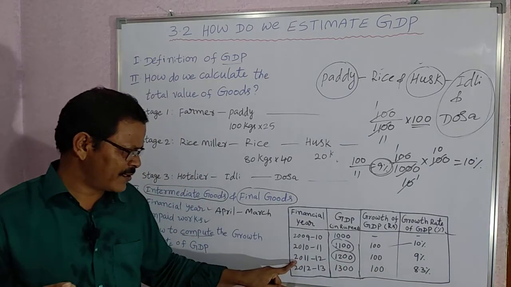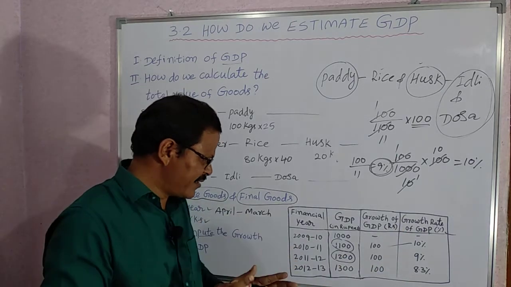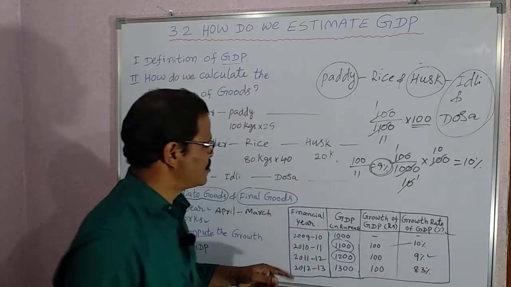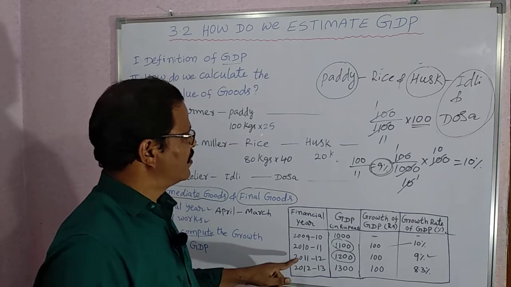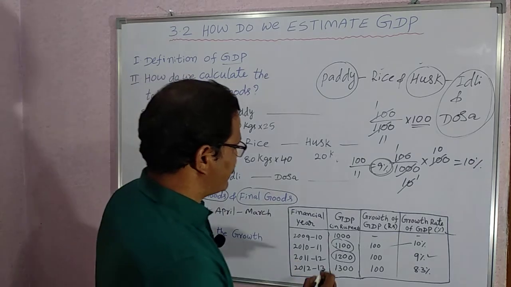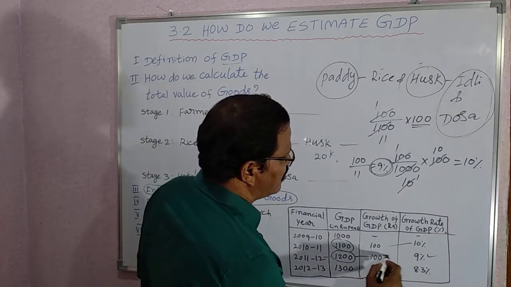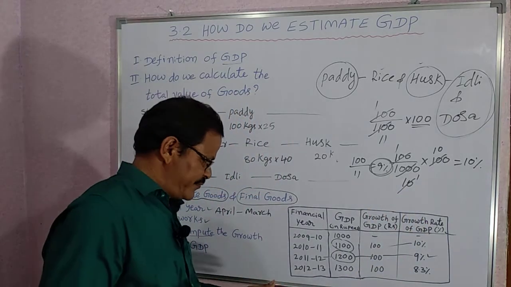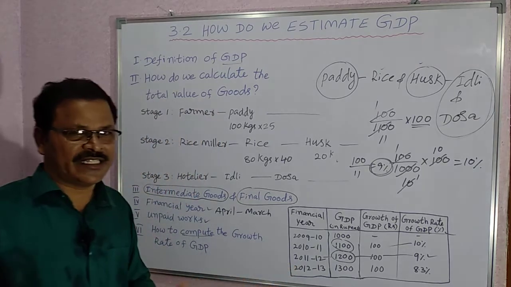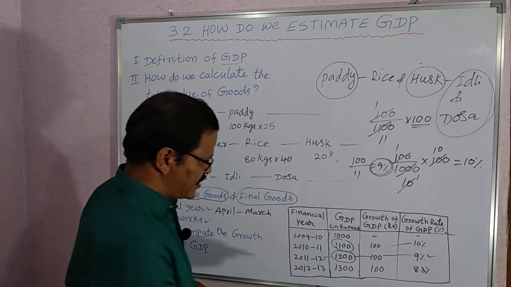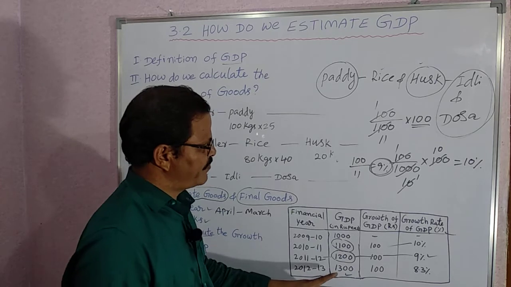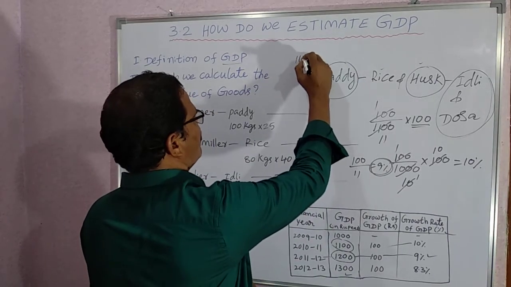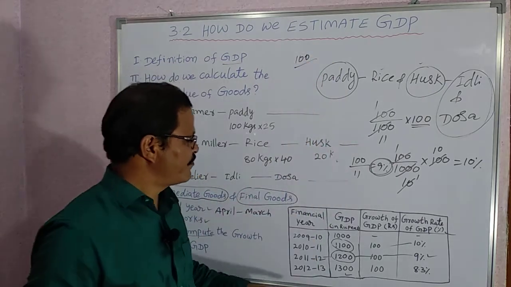So the growth rate of the financial year 2011-12 is 9%. What is the growth rate of 2012-13? The GDP is 1,300 rupees. The difference is 100 rupees.